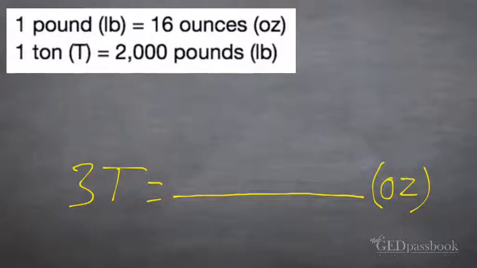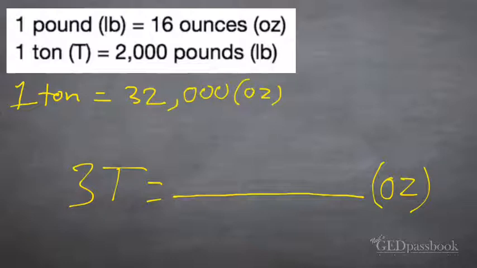Well, did anyone write down the notes of how many ounces there are in 1 ton? We already did the math, right? What was the little cheat sheet we created? How many ounces are there in 1 ton? 32,000. There are 32,000 ounces in 1 ton.